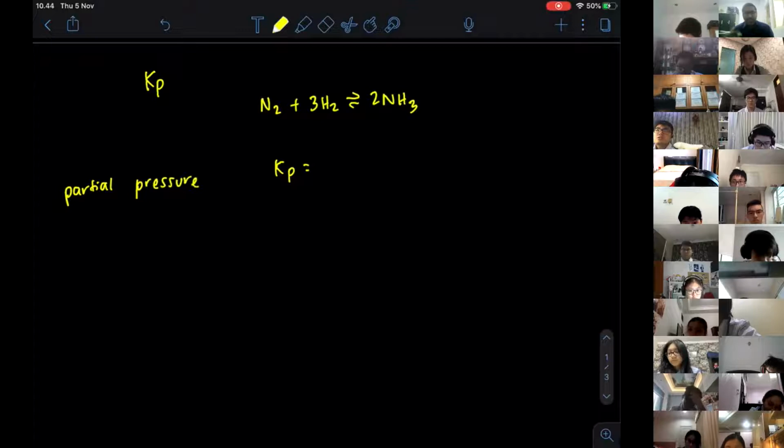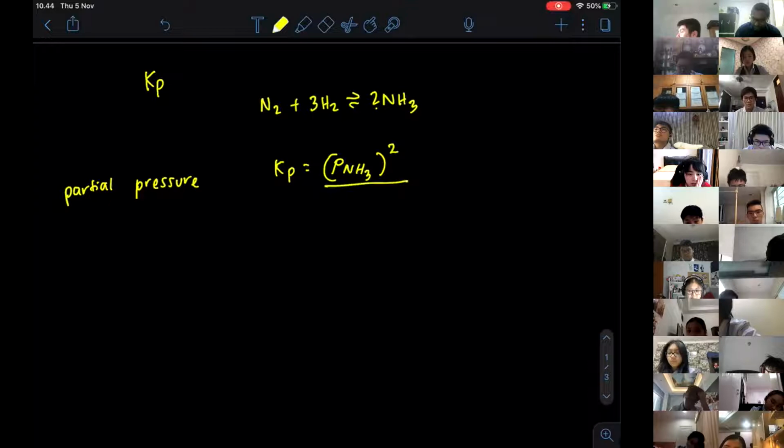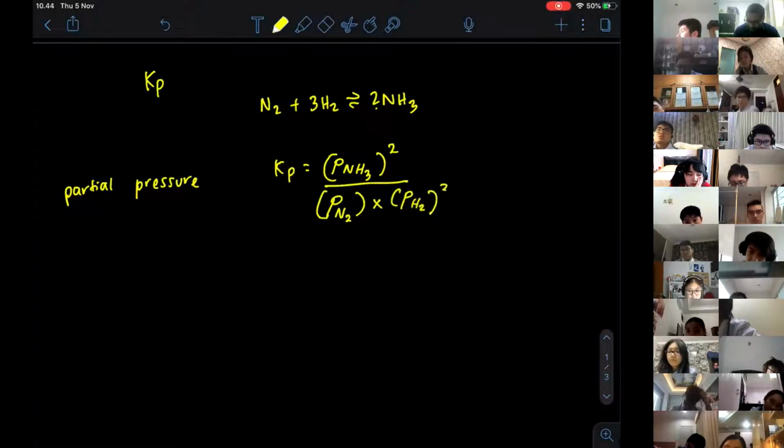Okay, Kp equals to partial pressure of ammonia, bracket again to the power of 2, divided by partial pressure of nitrogen times partial pressure of hydrogen to the power of 3. And this partial pressure can be in kilopascal, can be in pascal, can be in atmospheric pressure, we call it atm.